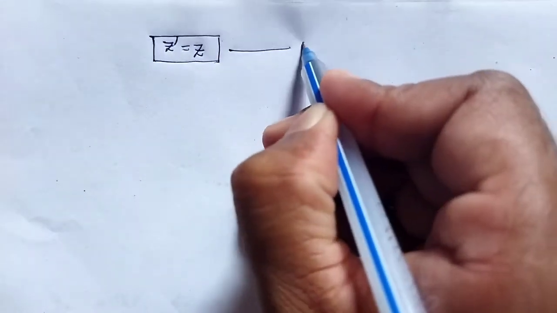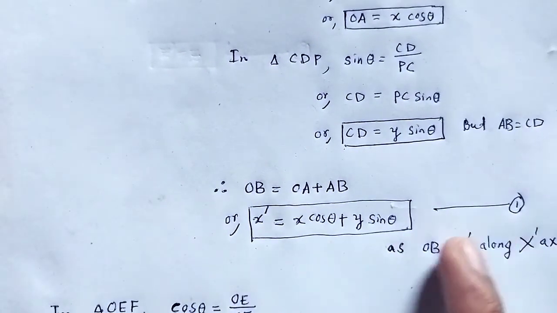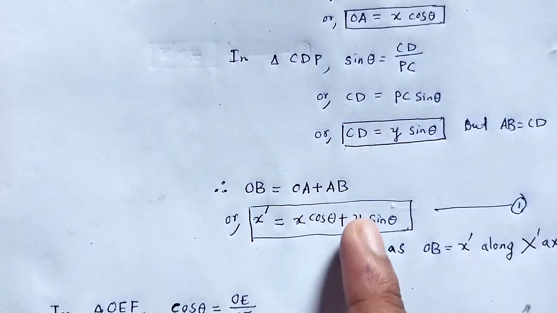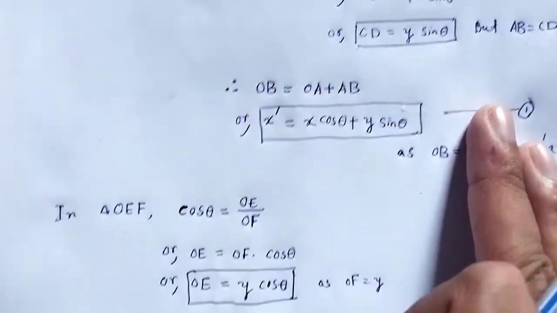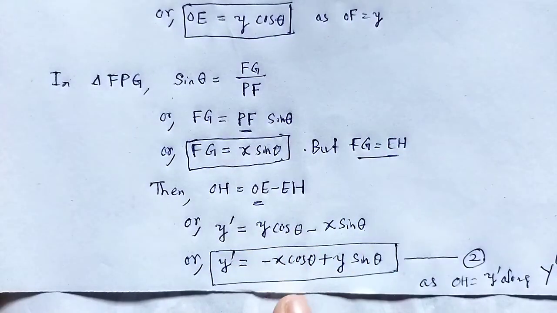This one is equation number 3. See these three equations. Equation number 1, x dash is equal to x cos theta plus y sin theta, y dash is equal to minus x sin theta plus y cos theta, and z dash is equal to z.